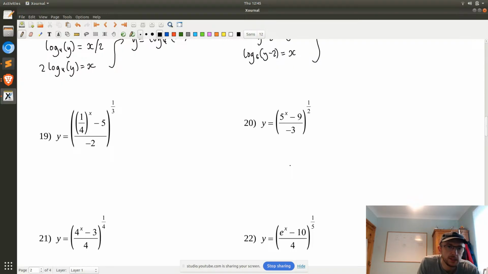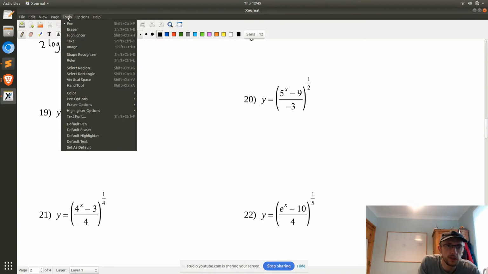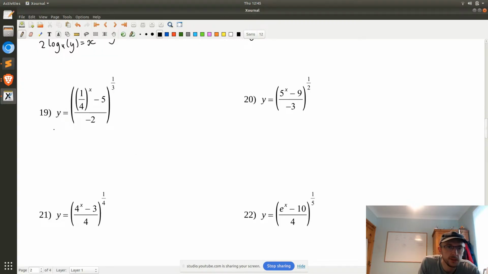Okay, getting a little bit more difficult now. More difficult looking, which is good. So y cubed, and then times both sides by -2, and add 5 to both sides while you're at it.